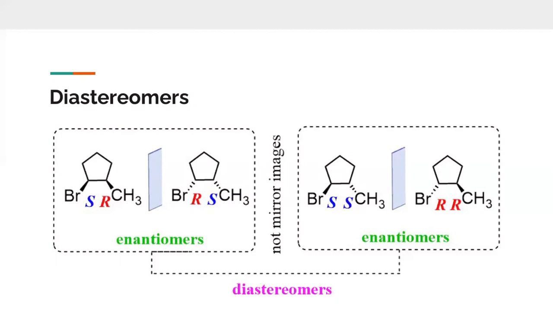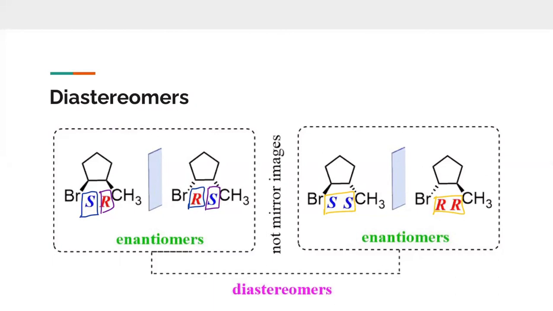For example, this S configuration right here becomes an R when you flip it across a mirror, and this R configuration becomes an S if you flip across a mirror. And same for the right-hand side. These S's become R's when you flip across a mirror. Now, diastereomers are not mirror images of each other, but they still differ in their R and S configurations.